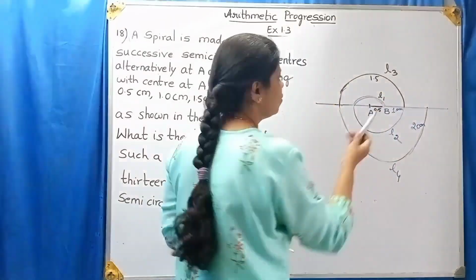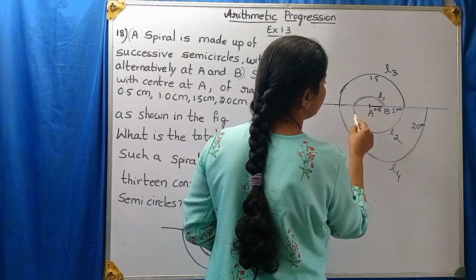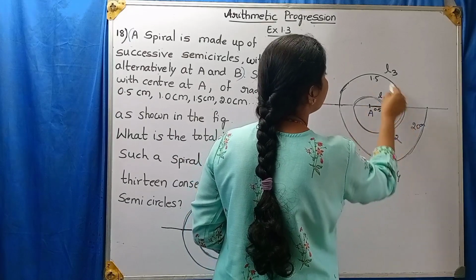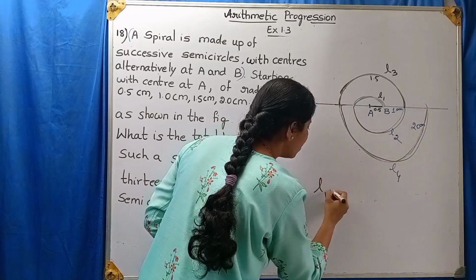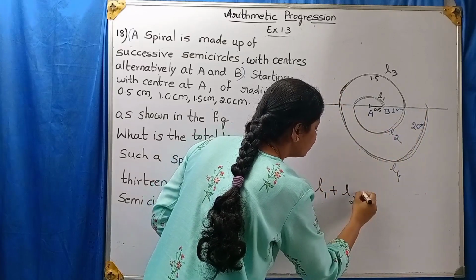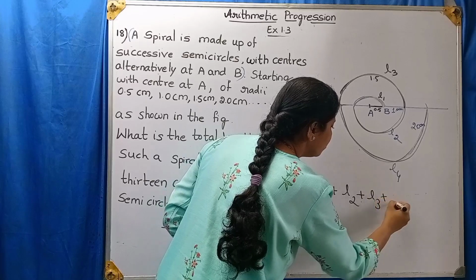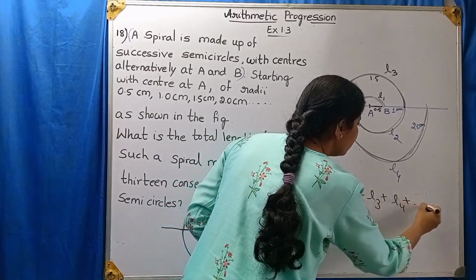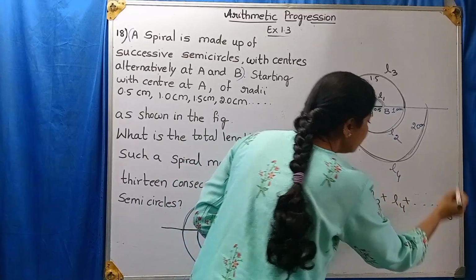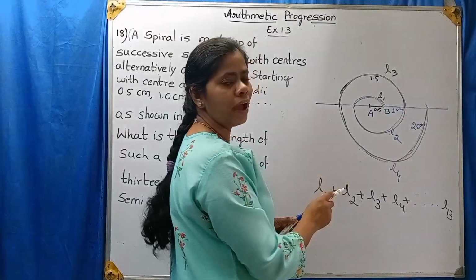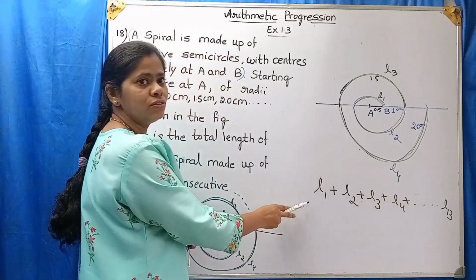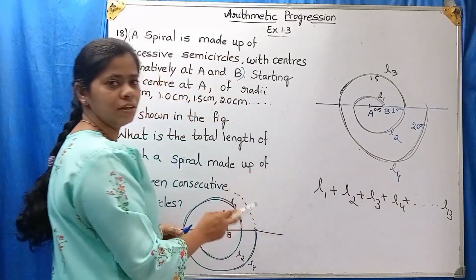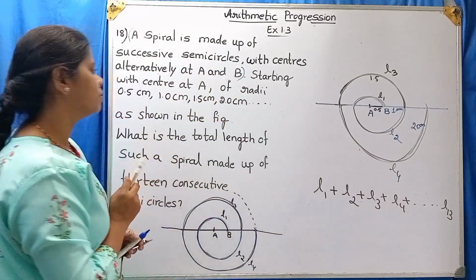L1, L2, L3, L4, like that, we have to add the length of the 13 semicircles. Hope you have understood the meaning of this question. Now let us solve this.